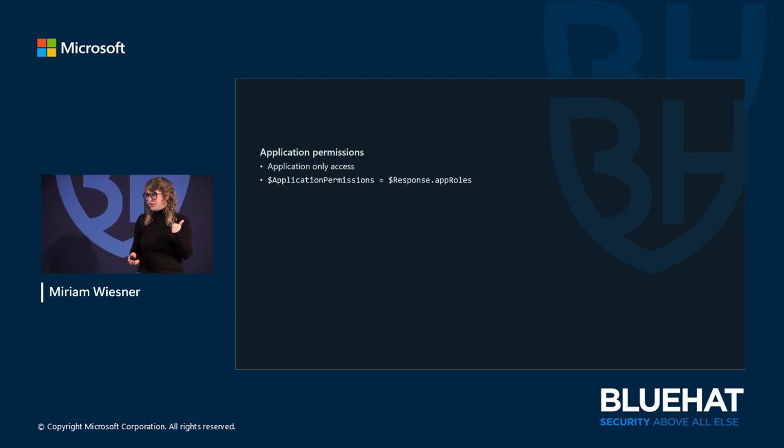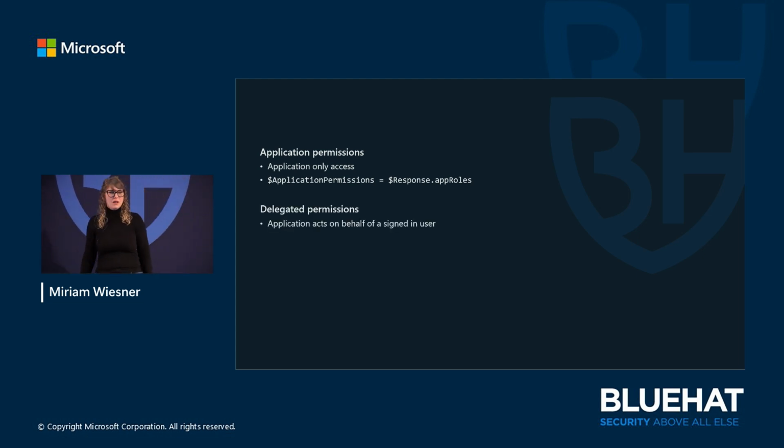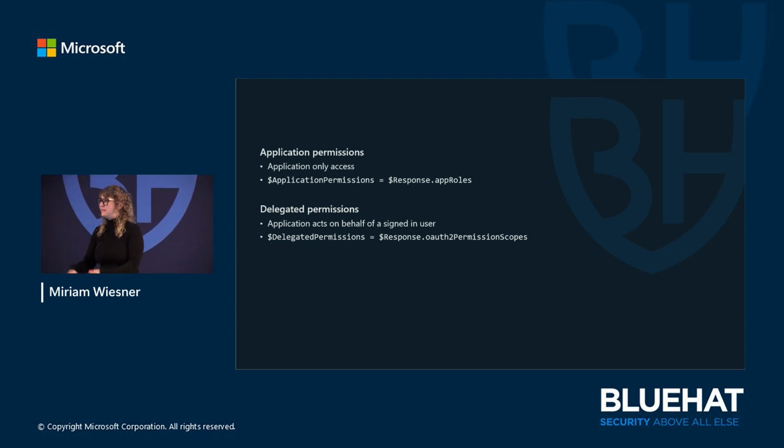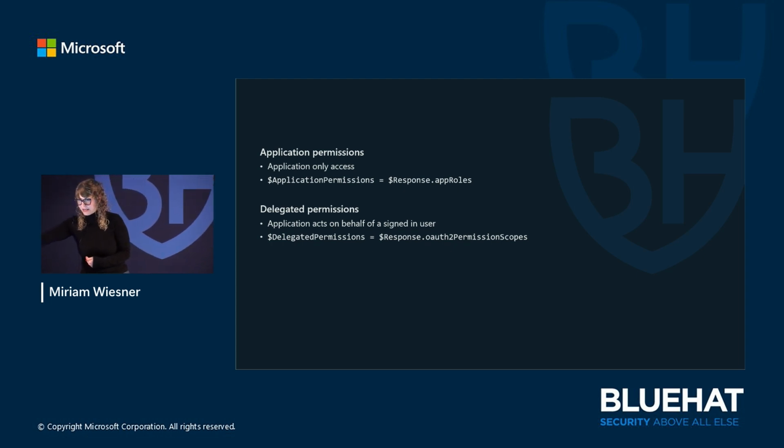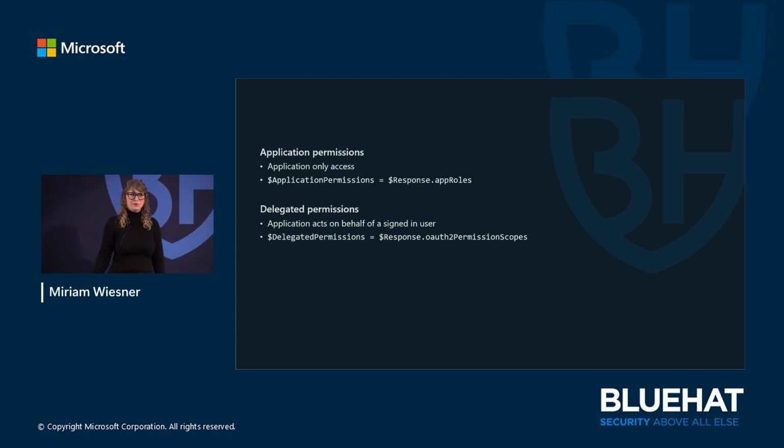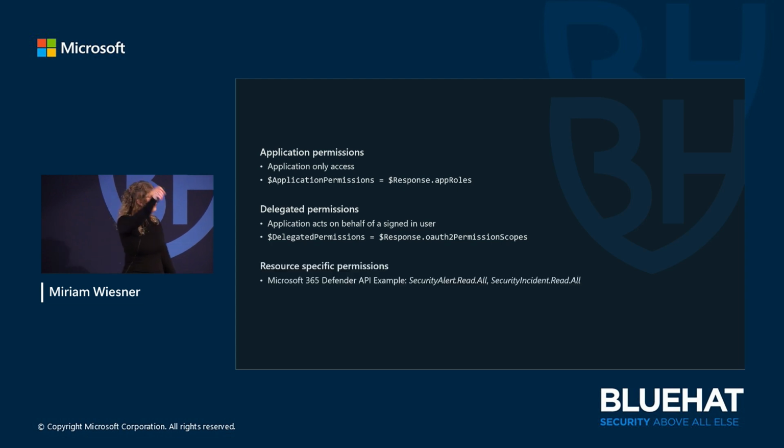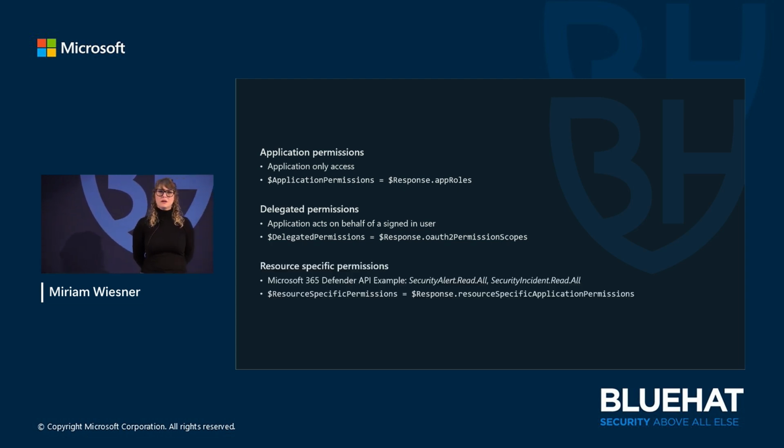Only the application is accessing the resource. We have delegated permissions. That means that we need a user that is signed in to allow the application to access resources. And we have resource-specific permissions, which is a permission specific to a resource.